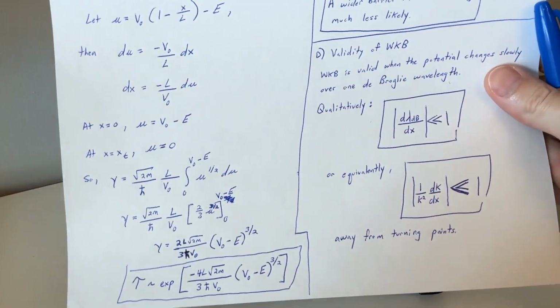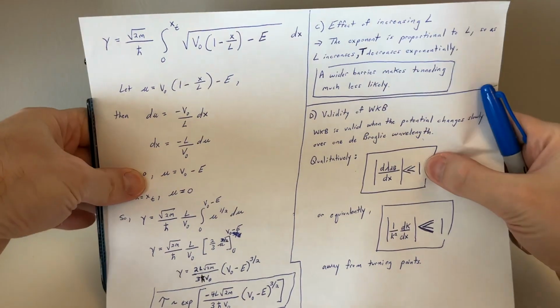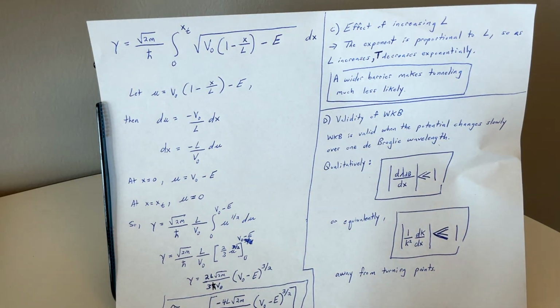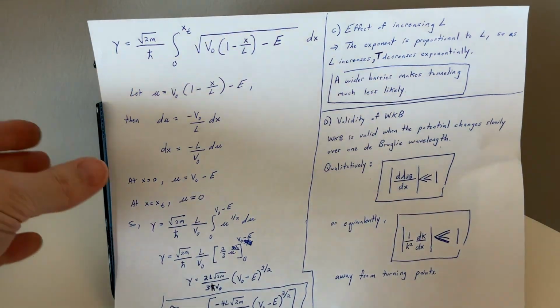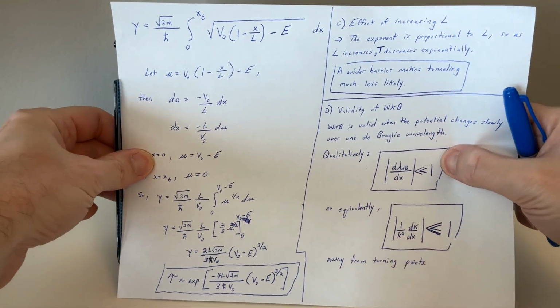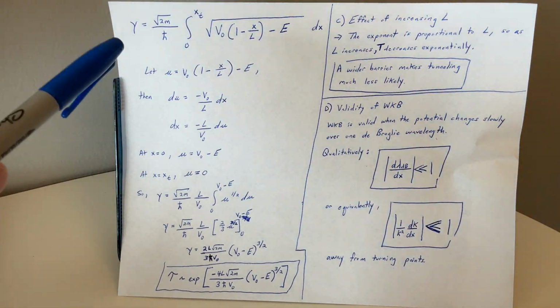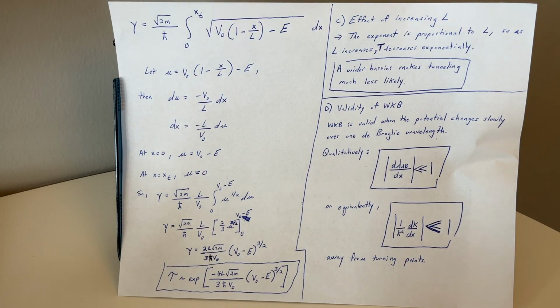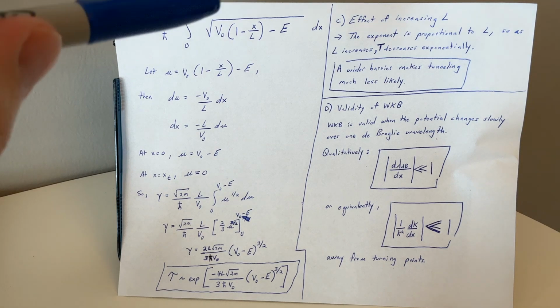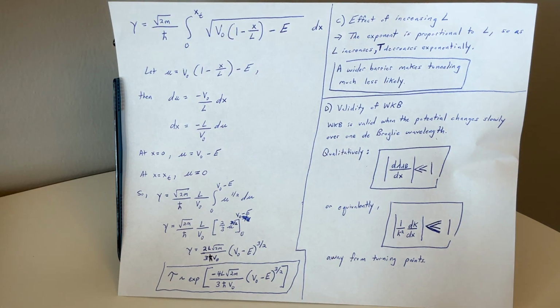So gamma equals the square root of 2m over h bar, integrating from 0 to x sub t the square root of the quantity V naught times 1 minus x over L, minus E. So u substitution: we let u equal V naught times the quantity 1 minus x over L, minus E, everything inside the radical.